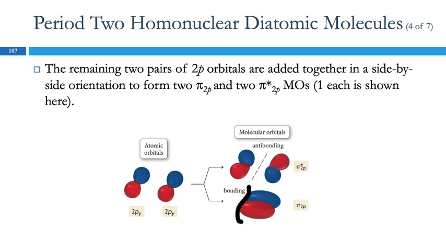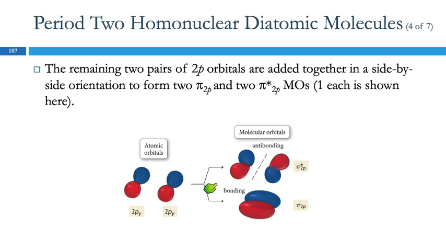So this is called a pi molecular orbital, because it's kind of shaped like the letter pi. I don't think that's why they called it that, but hey, helps me remember it. So we get one that's lower in energy and one that's higher in energy. So this is pi star 2p and just pi 2p.